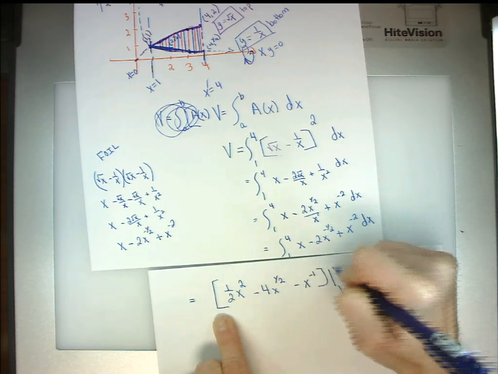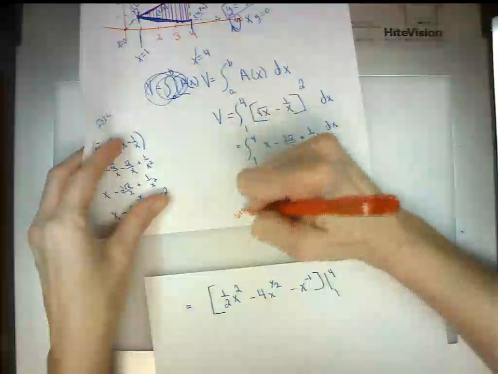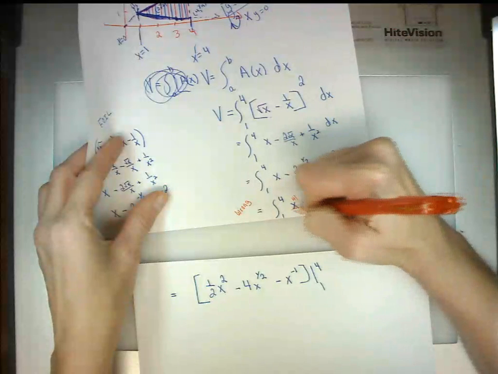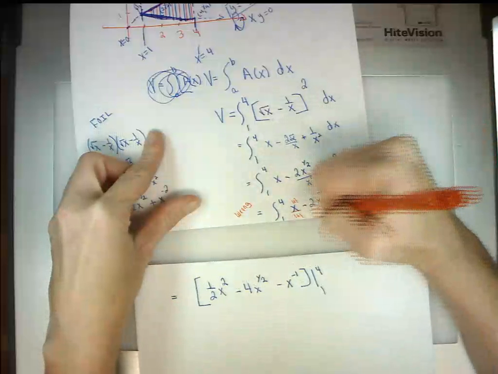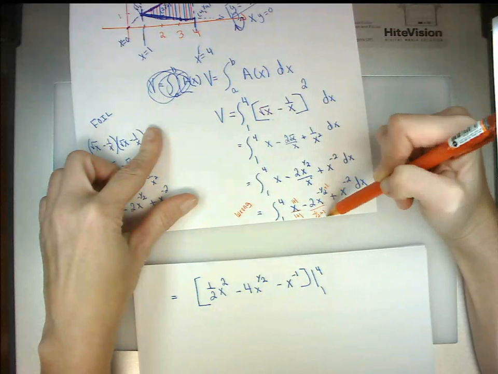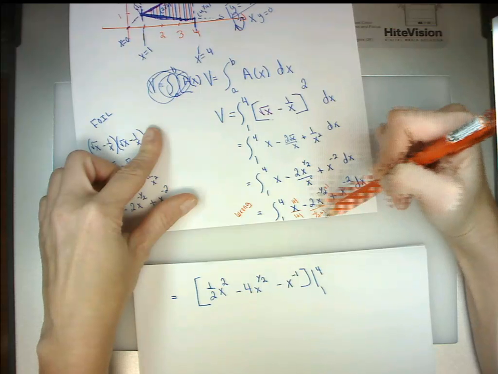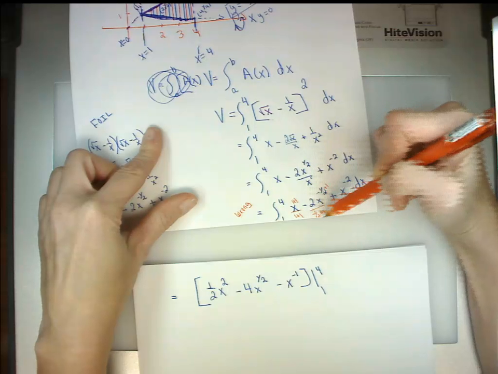From 1 to 4. I have a lot of students that actually write 1 plus 1 divided by 1 plus 1, and that's how you get the 1 half x squared, plus 1 divided by negative 1 half plus 1, and that's how you get it because it's 2 divided by a positive 1 half, which is a negative 4.